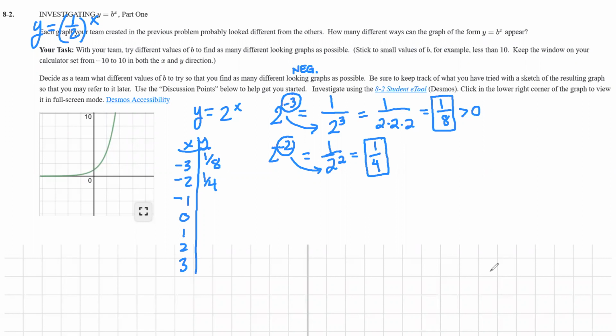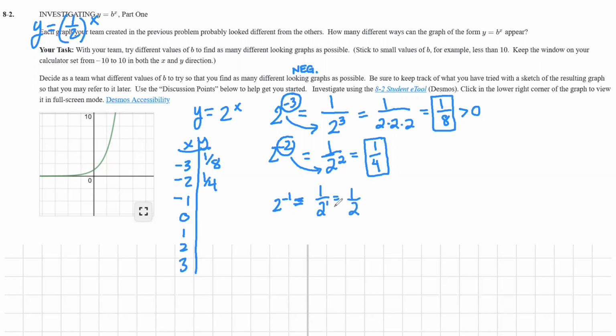Okay, let's do the next one. 2 to the negative 1 power. I'm putting -1 in here. That's going to be a fraction. What fraction is that going to be? 1/2, exactly.